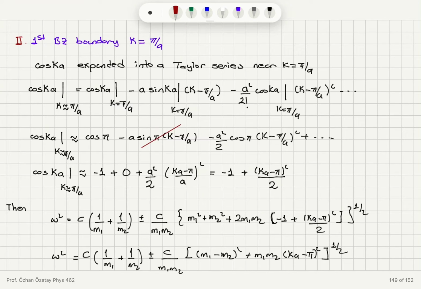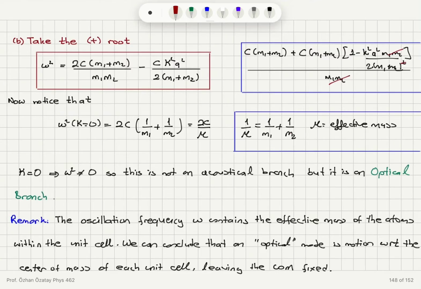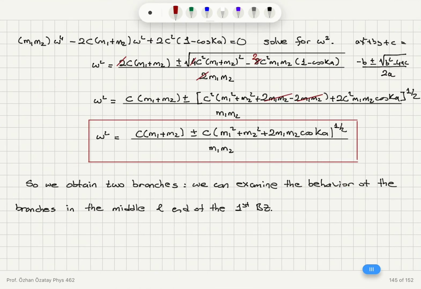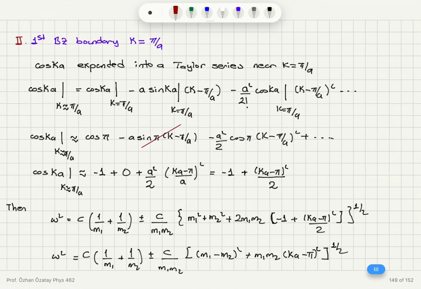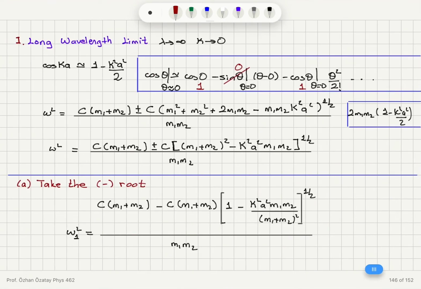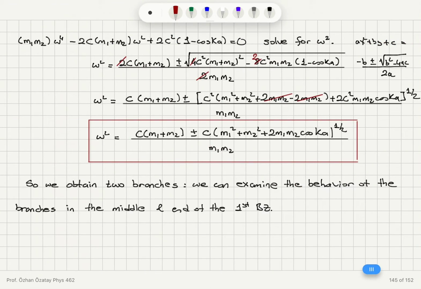So if I substitute this result here for omega squared, first term I had was c(m1 + m2) divided by m1 m2. So that gives me c times 1 over m1 plus 1 over m2 plus or minus c divided by m1 m2. So that is what I had here, c divided by m1 m2.